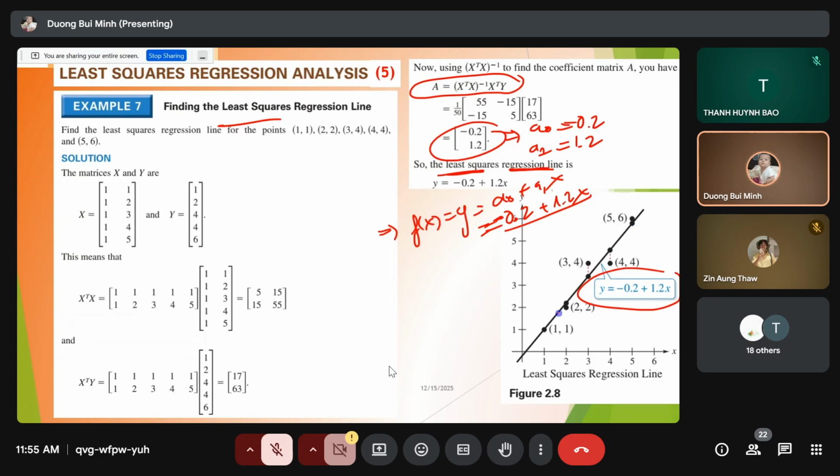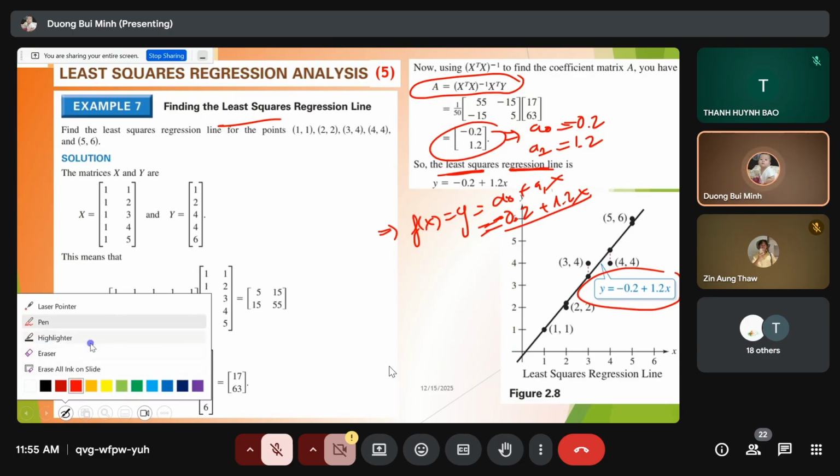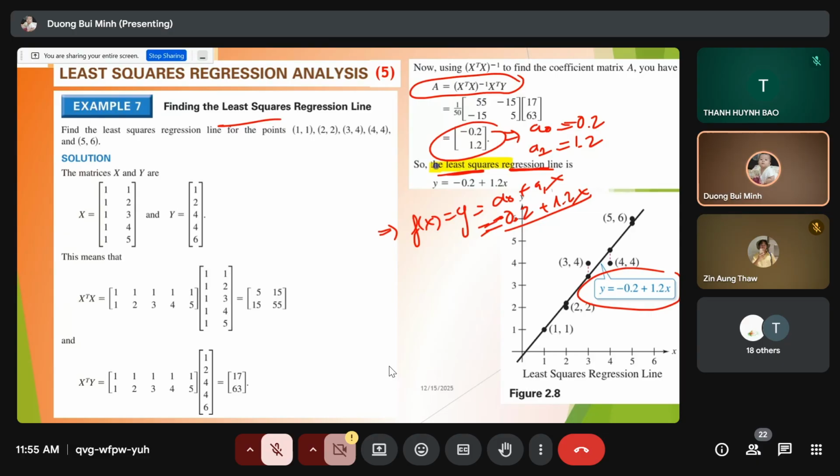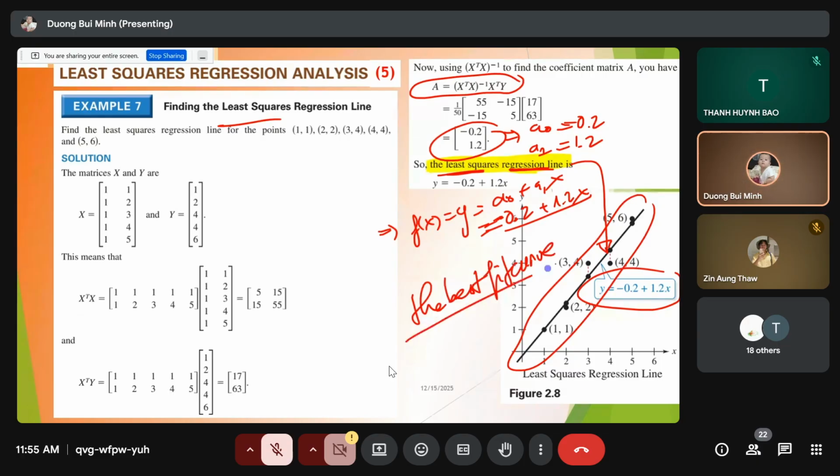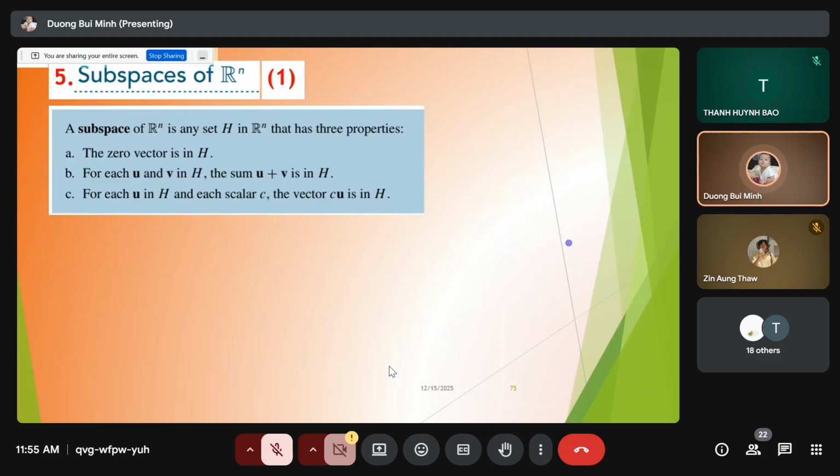Okay, the curve here. So this is the least square regression line. This is the best fit curve of the data.